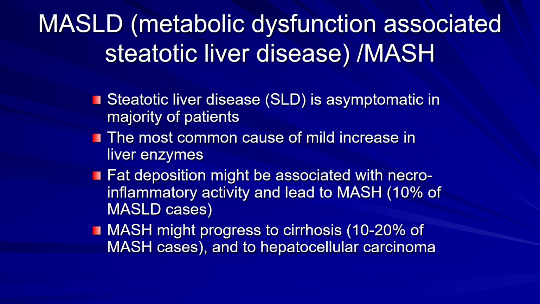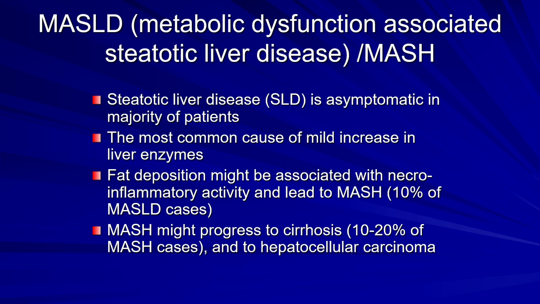It is defined again as the accumulation of fat in more than 5% of hepatocytes, or when fat constitutes about 5% or more of liver weight. It is the most common cause of mild increase in liver enzymes. It is often asymptomatic, does not cause any symptoms.